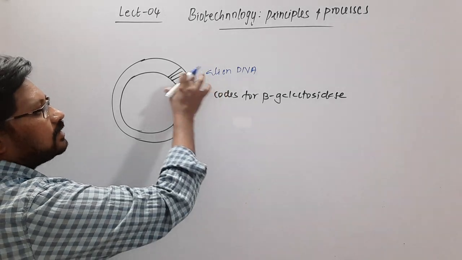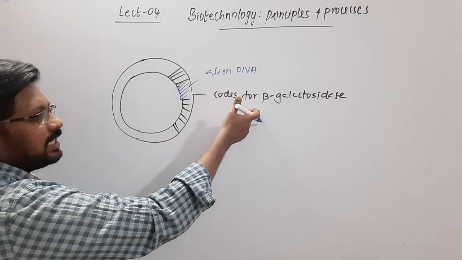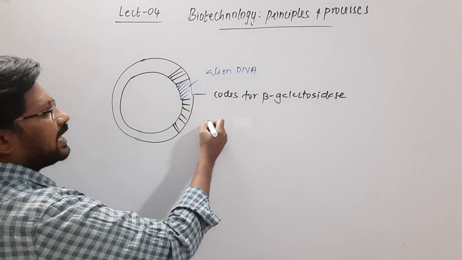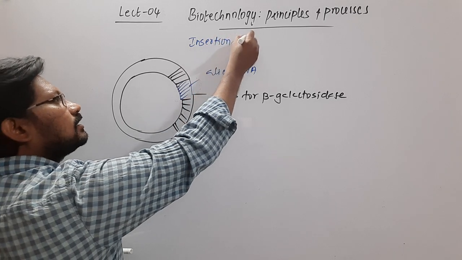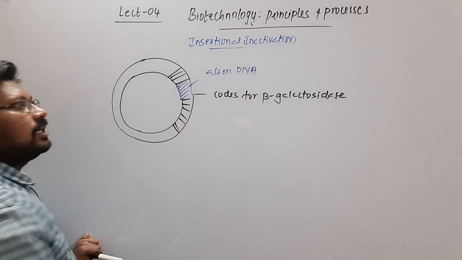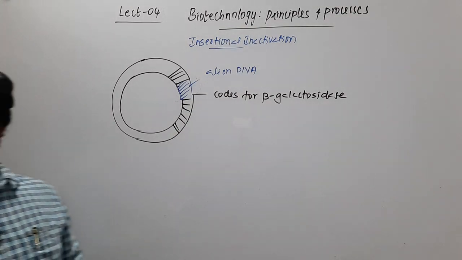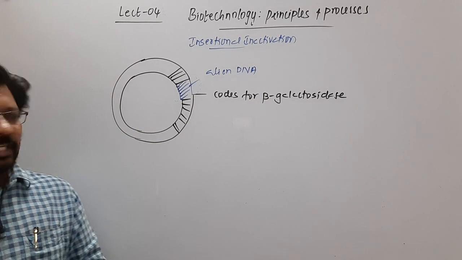So the gene coding for beta galactosidase becomes inactivated, and that's what we call insertional inactivation, which I have mentioned earlier. Due to insertion of alien DNA, the gene becomes inactivated.